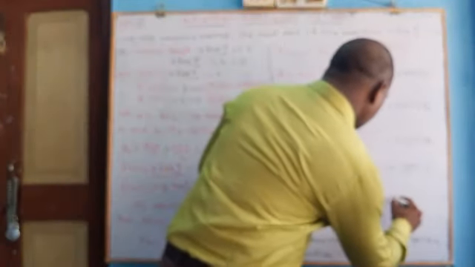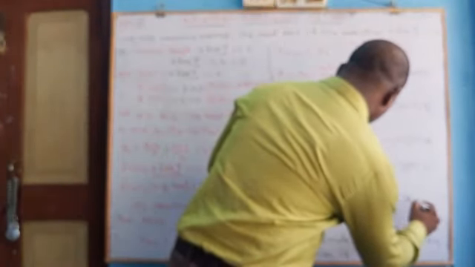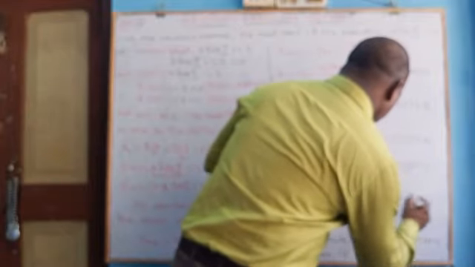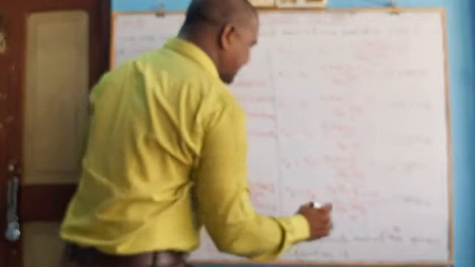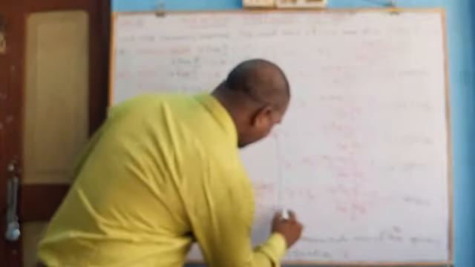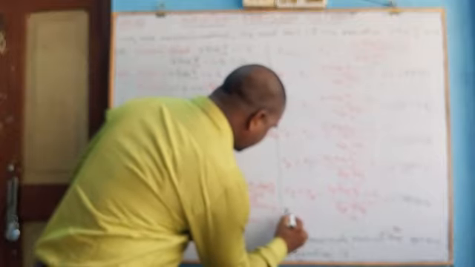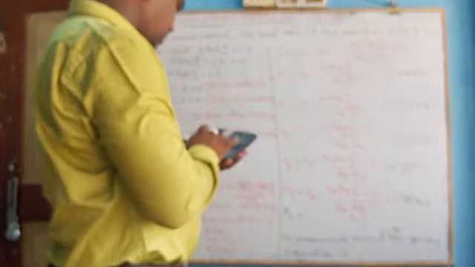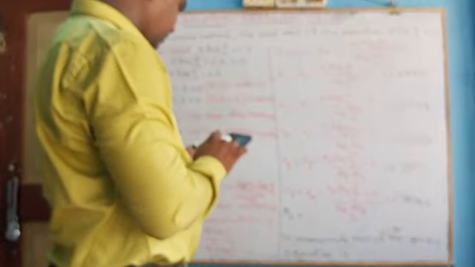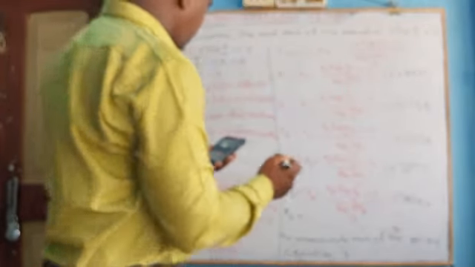This is x5. The next approximation x6, we calculate with 2.74040, and we get 2.74058.